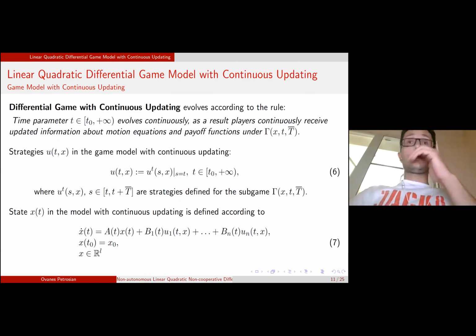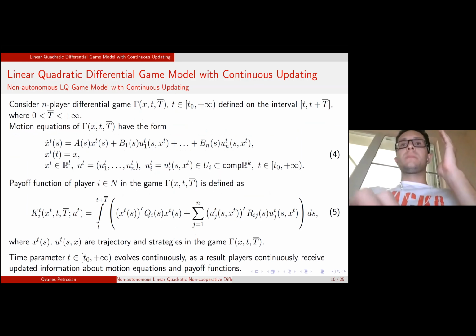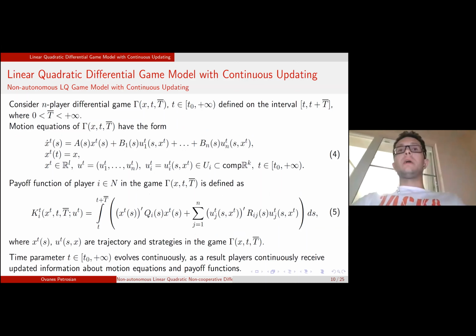So why do we need the non-autonomous case? Why do we need a dependency upon t in the matrices and in the payoff function of player i? If we assume that the model is autonomous, it would mean that the game actually repeats step by step.